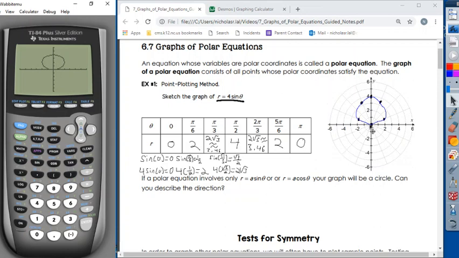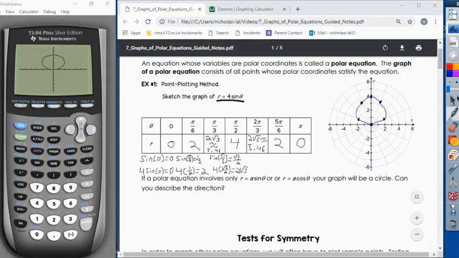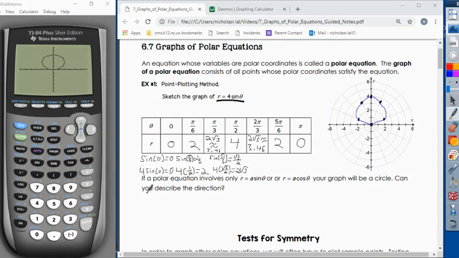So if a polar equation involves only r is equal to a times the sine of theta, or r equals a cosine of theta, then your graph will be a circle. So let's describe the directions that our polar circles can take. r is going to be equal to plus or minus a times the cosine of theta, and this is going to indicate x-axis symmetry.